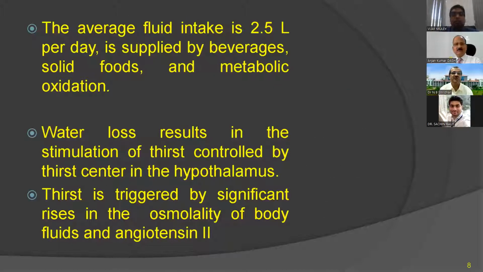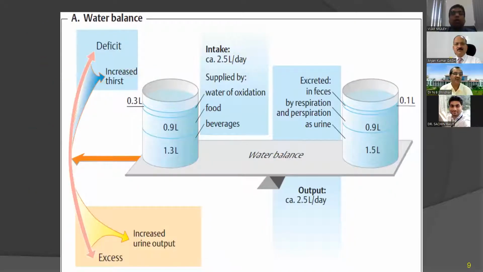So the average fluid intake in a human being is 2.5 liters, and out of this 2.5 liters, about 1 liter is excreted as urine. A deficit of water will occur whenever this system is totally hampered. In the case of human beings, and of course the large ruminants, the water intake is about 75 to 100 liters depending upon the season.